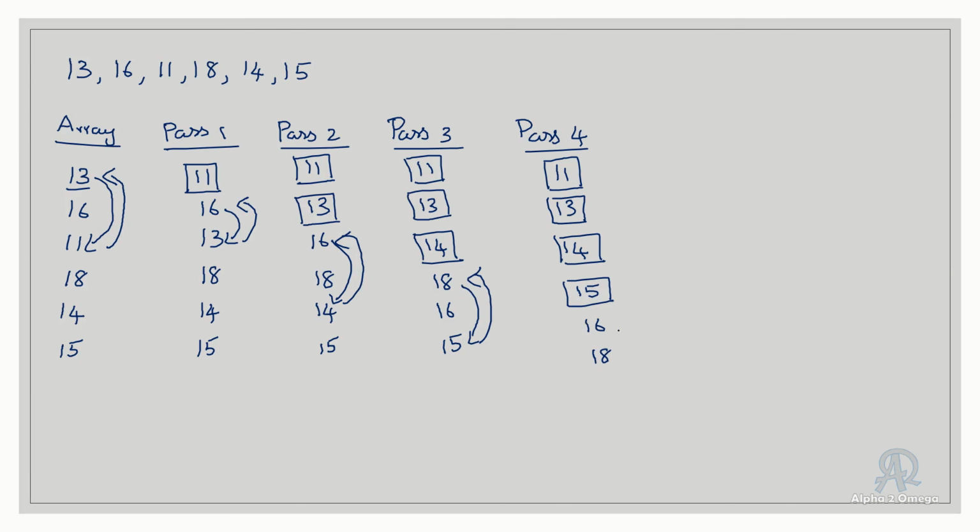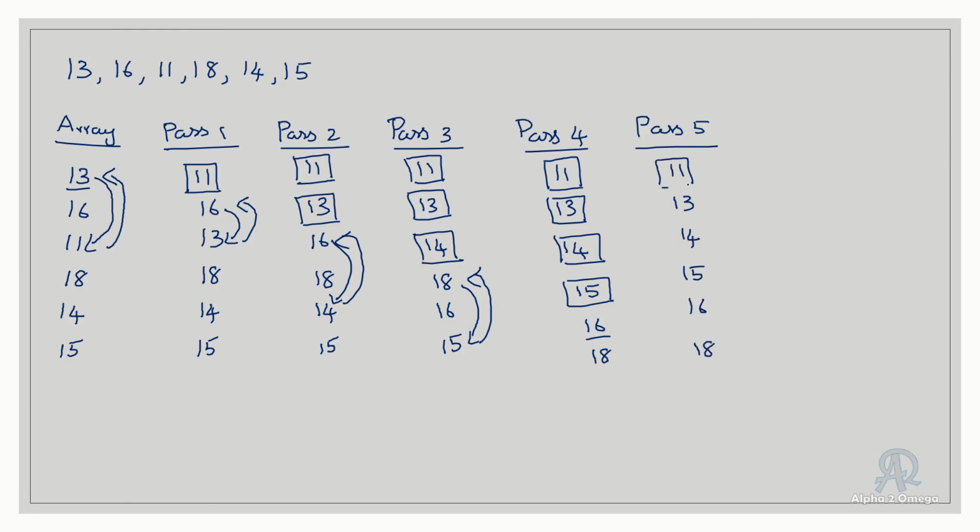Finally, for the last one, it will check with this value. As it is, it is correct only. There is no change for this particular one. So finally the array will be sorted. Finally, 13, 14, 15, 16 and 18.